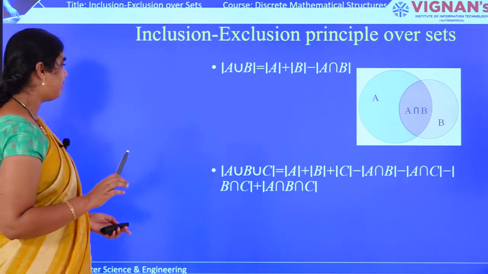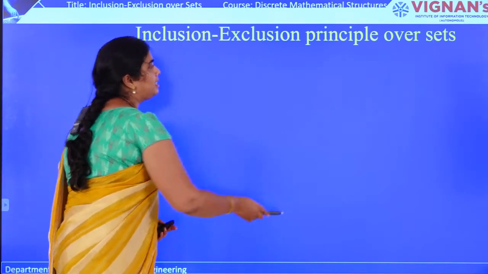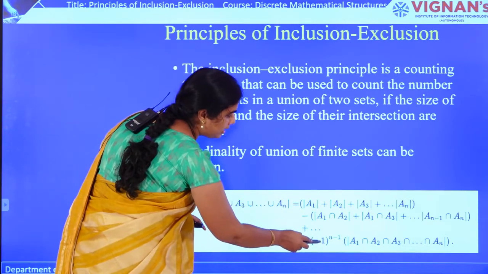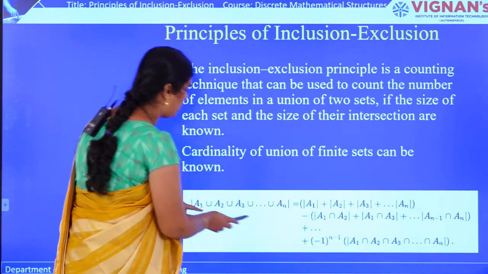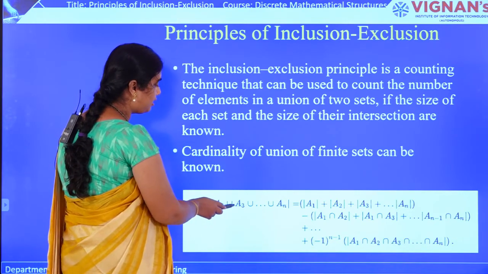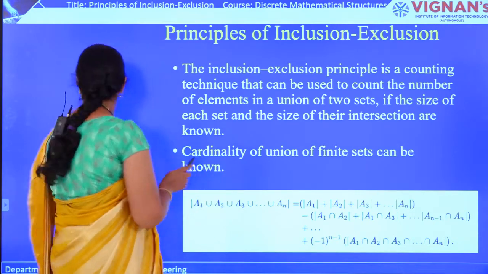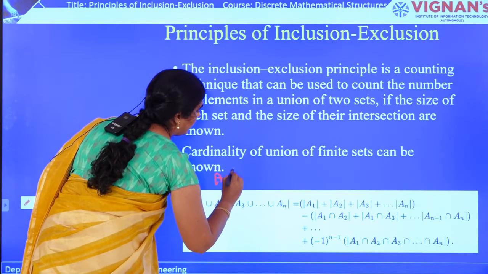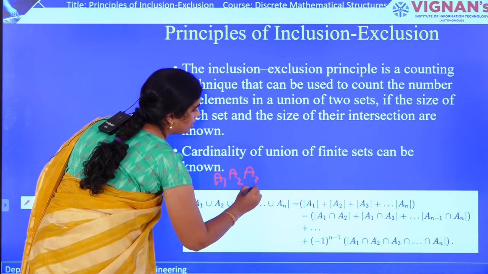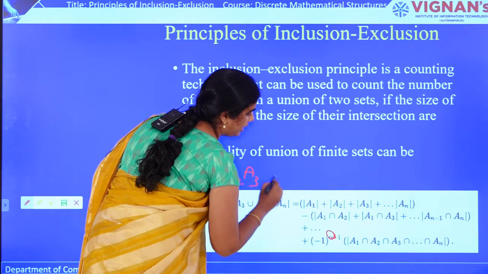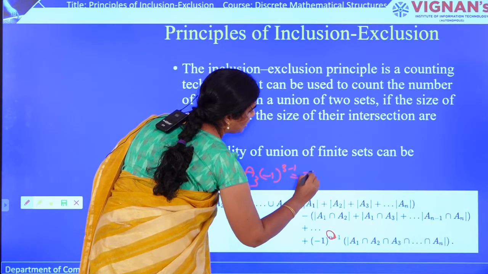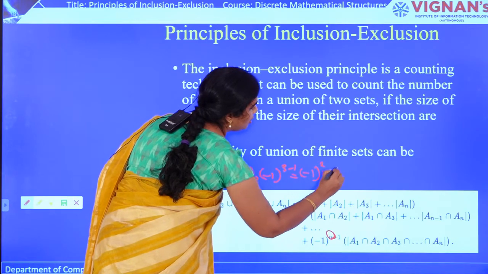What if we are given 4 sets? In that case, how do we distribute this negative sign? See, this sign is decided based on the number of sets given. Suppose I am given 3 sets A1, A2, A3. So this n will be 3, and minus 1 to the power of 3 minus 1 is minus 1 squared, which equals a positive 1.